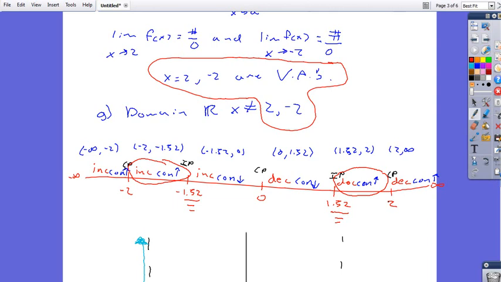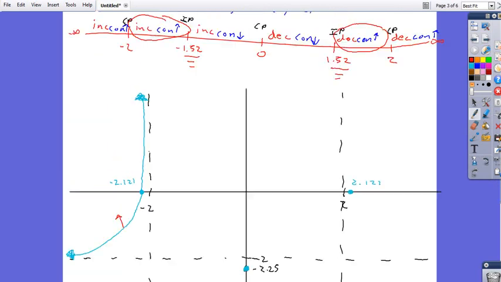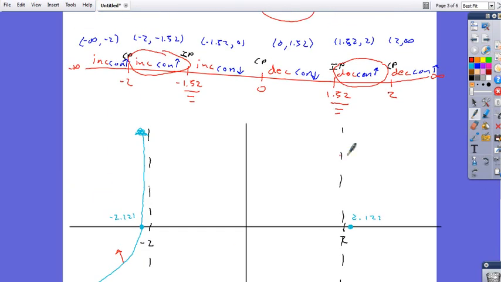So actually, these points right here, it says they're inflection points. They're really not, because this should be concave down. All right, and so that's not an inflection point.